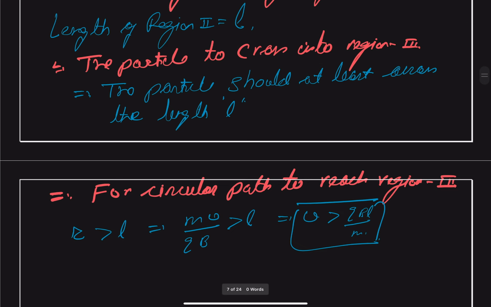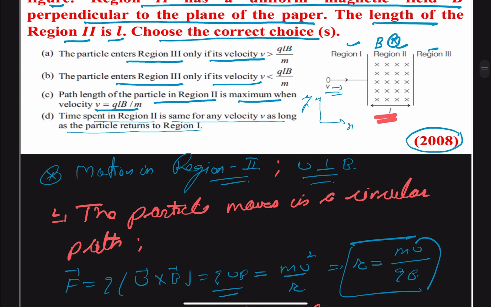So it means option A is the correct one.